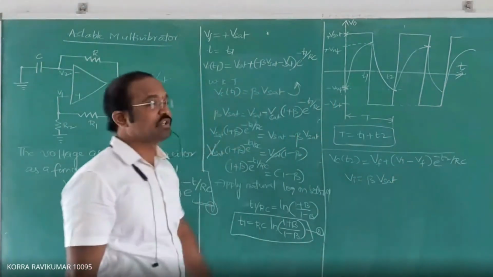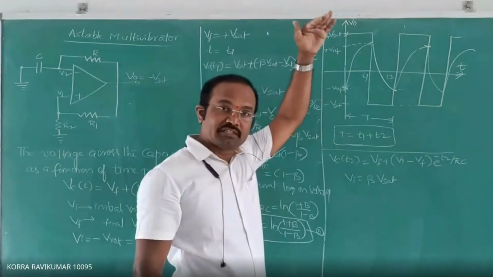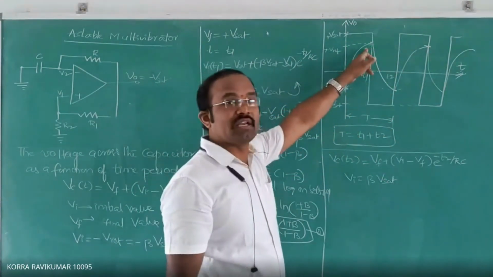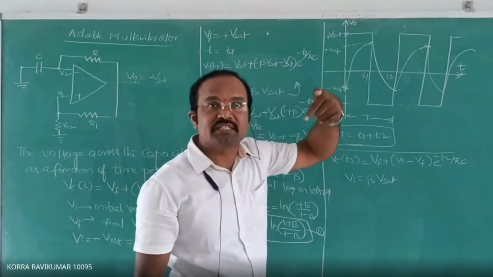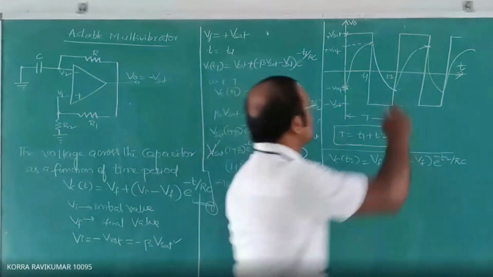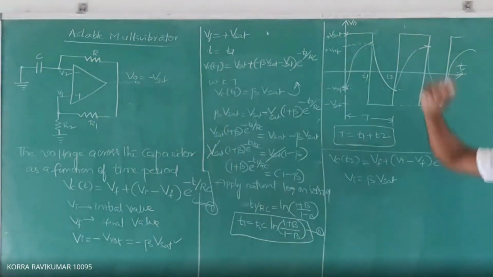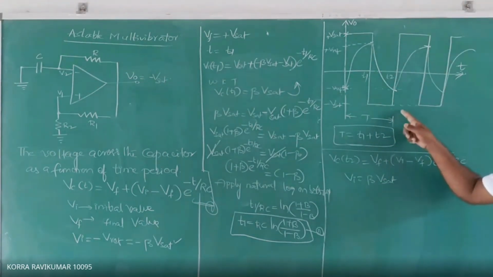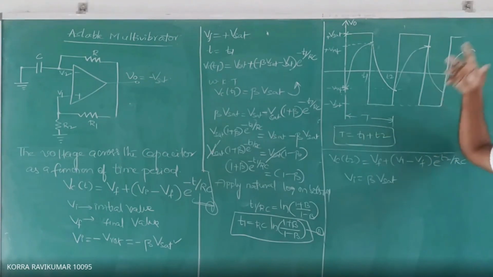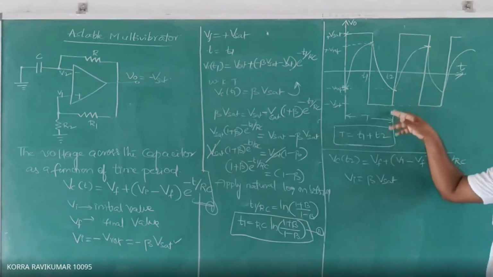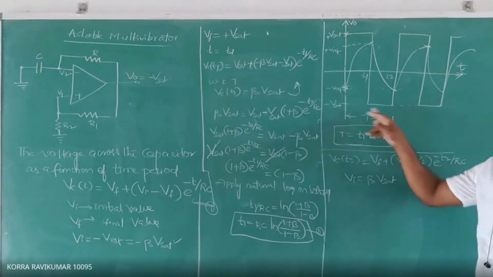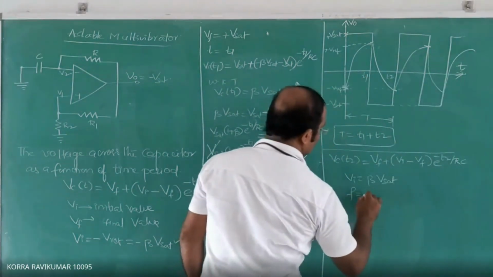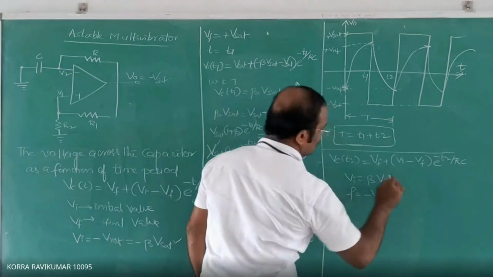Because now the capacitor is at its maximum value, the maximum value acts as the initial value for discharging. Now, what is the final value of the capacitor? The final value that the capacitor can discharge to, maximum, not 90%, is minus V saturation. The final value here is Vf equal to minus V saturation.